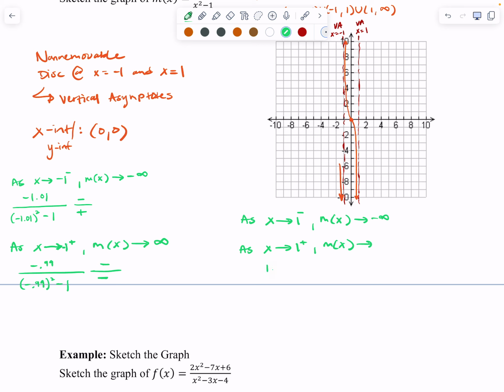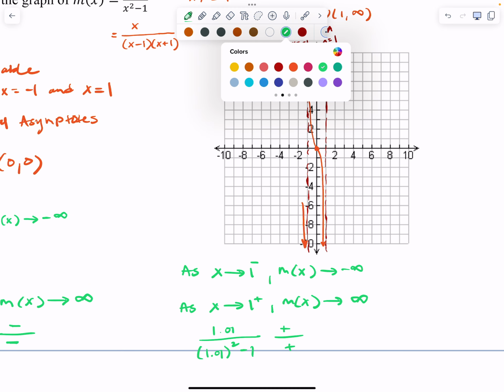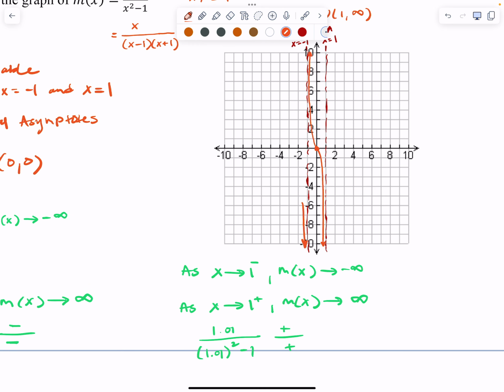Yeah, so if we did like 1.01 over 1.01 squared minus 1, that's going to be a positive over a positive, which will be a positive. So I know that the graph is going to be approaching positive infinity as x approaches 1 from the right.